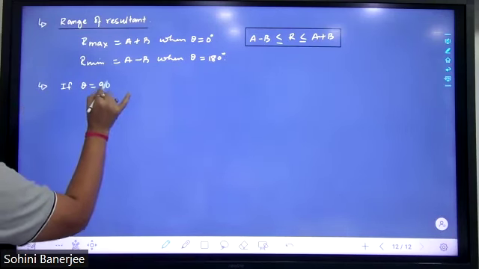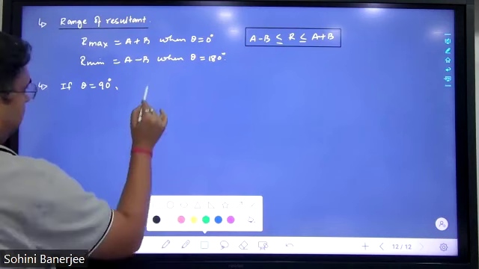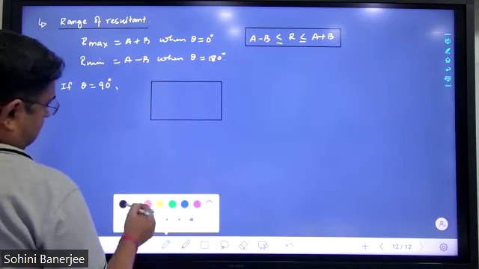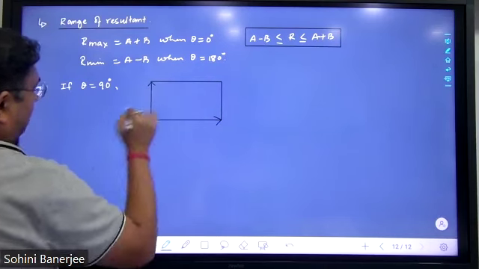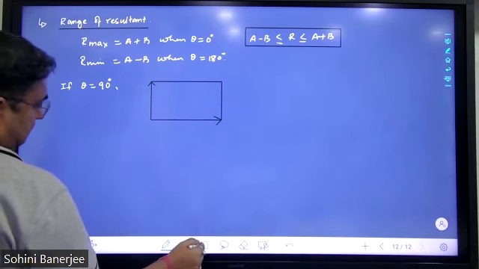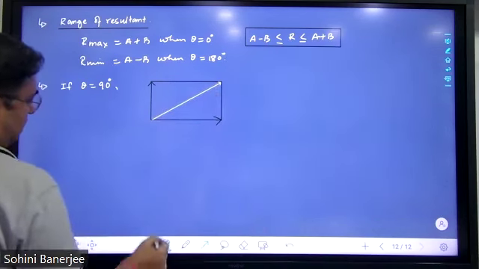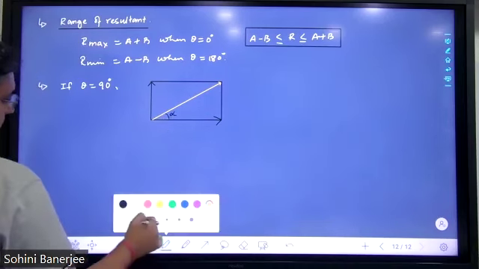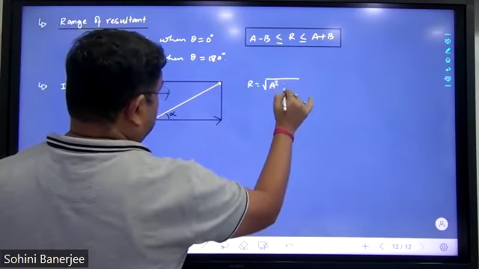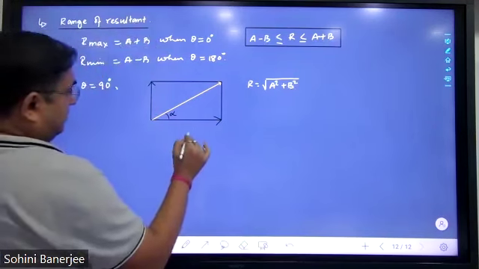Now, if theta equals 90 degrees, that becomes a rectangle, with the resultant R equals root over A square plus B square, because theta 90, cos 90 is 0.